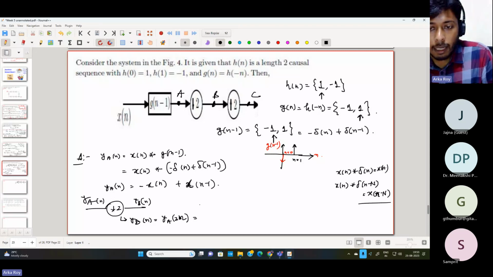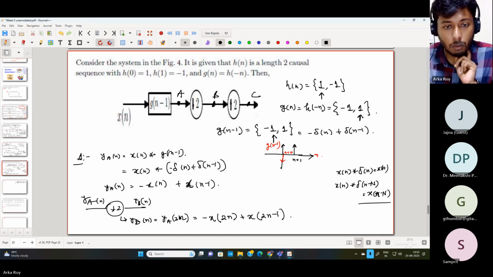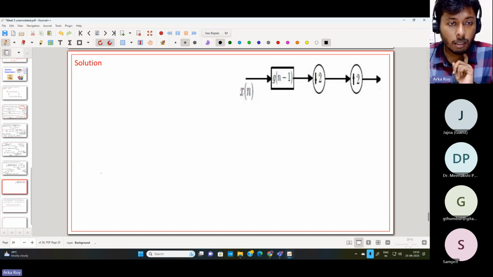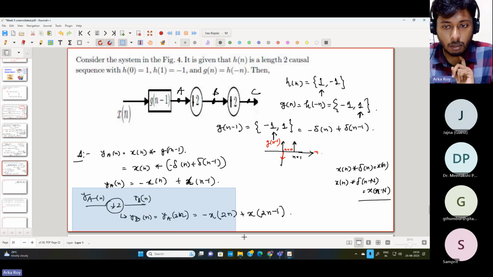Therefore, I can write it as minus x of 2n plus x of 2n minus 1. And in the next page, let me just copy this part over here for reference.